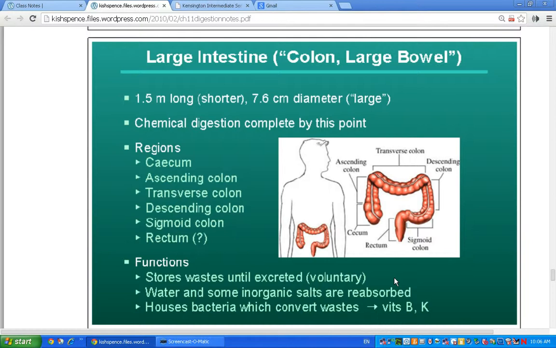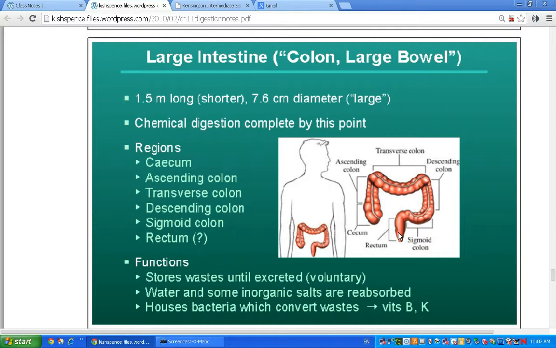Main function, water and some inorganic salts are reabsorbed. So it comes into the large intestine still fairly liquefied, but by the time we excrete it from our bodies, it's usually fairly solid, depending on what we've eaten. Sometimes it can be a little more fluid or runny.